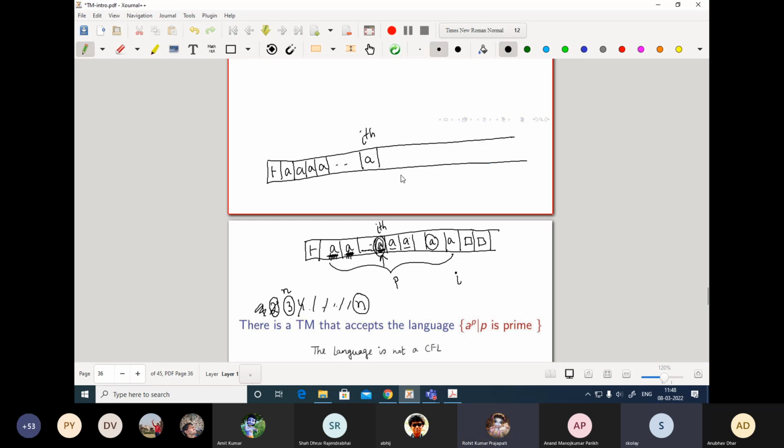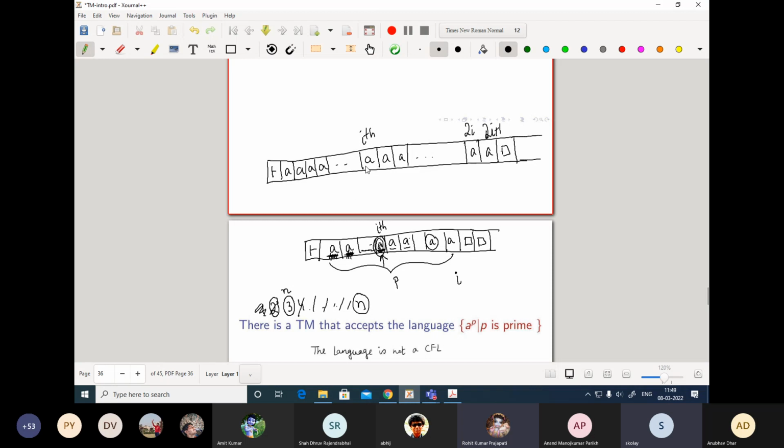Now my objective is to mark all A's that are multiples of I. So let's say this is 2I and so on, then 2I plus 1, and then you have a blank symbol. Let's say this is how it looks.